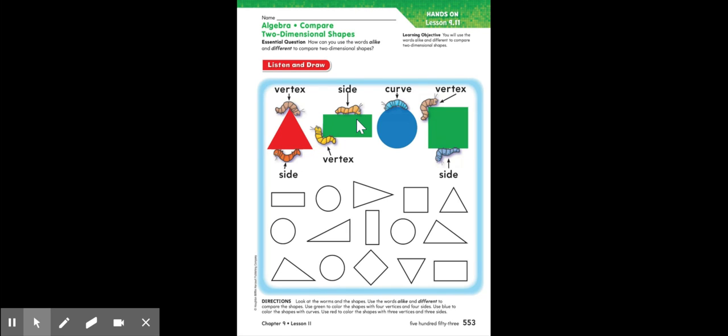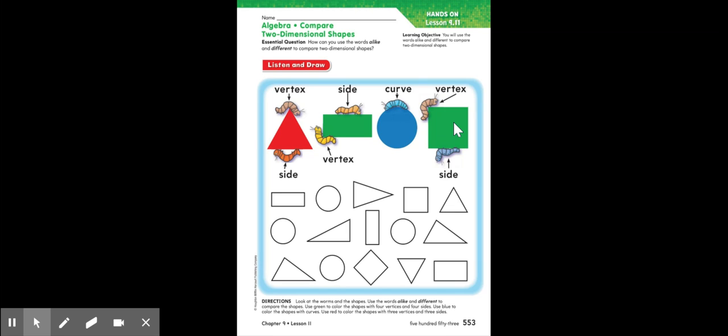We're using different colors than she used, but we want to color the shapes that have 4 sides and 4 vertices green. So those will be our rectangles and our squares. Now, who remembers why a square is really just a special kind of rectangle? That's right. A square is a special rectangle because it has 4 sides, just like a rectangle, and 4 vertices.